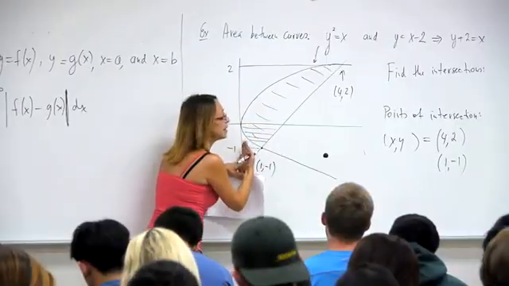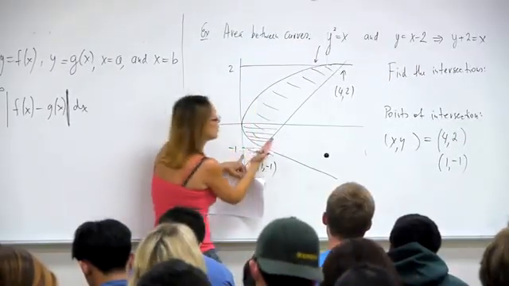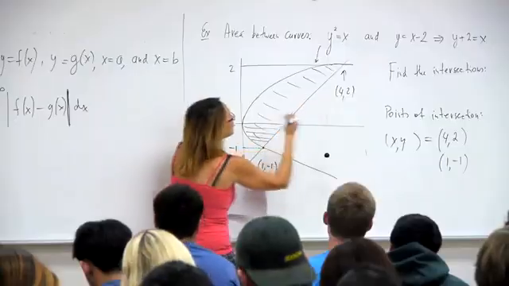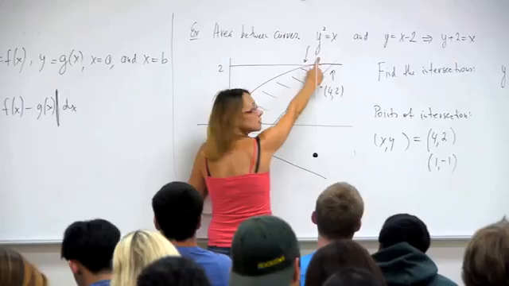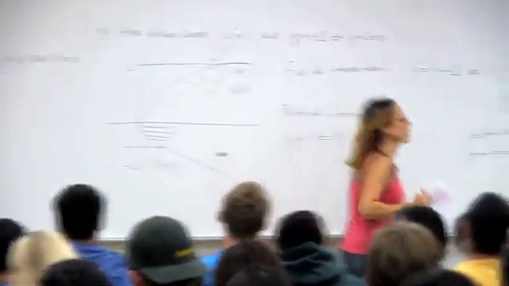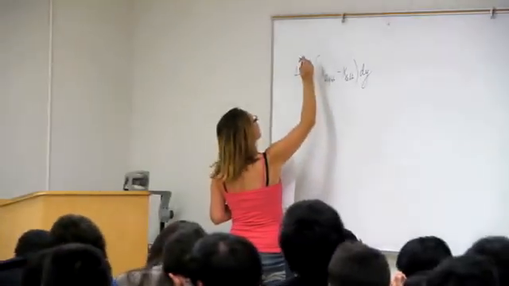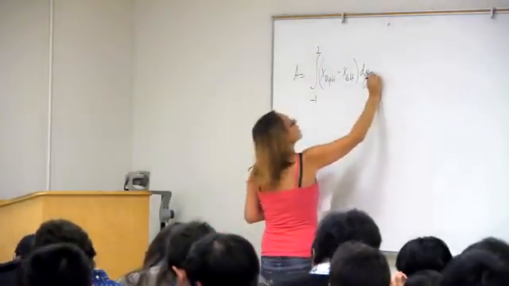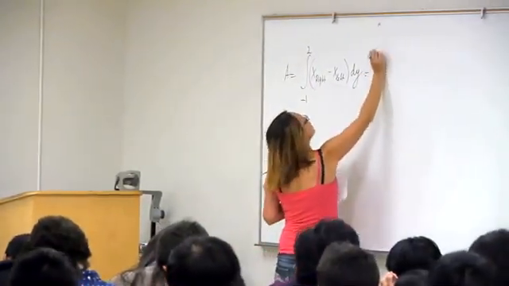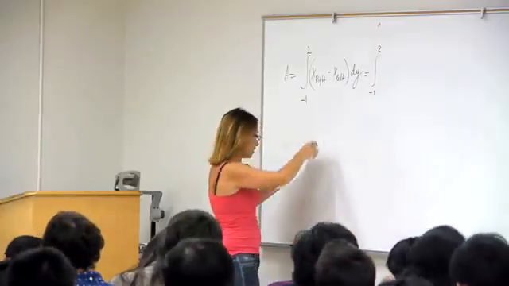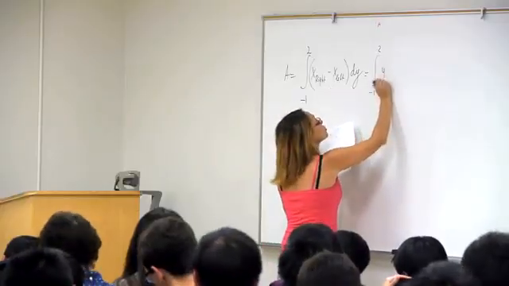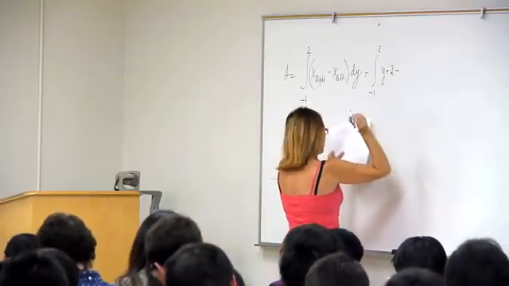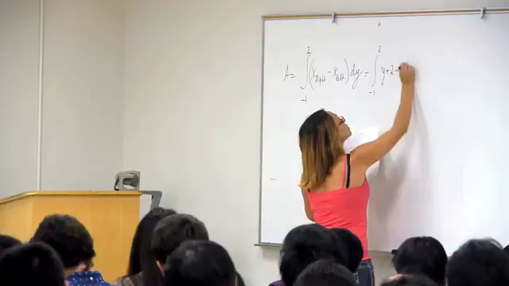And for the entire length of integration, the function on the right is the straight line, this one, and the function on the left is the parabola. So the limits of integration are from minus 1 to 2. And now I have to write down the functions. The one on the right is y plus 2, and the one on the left is y squared.